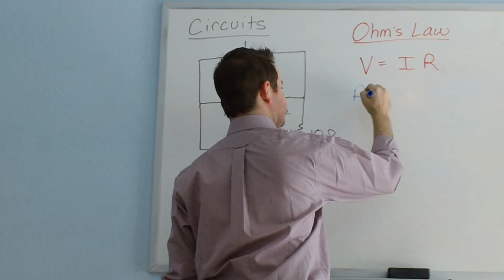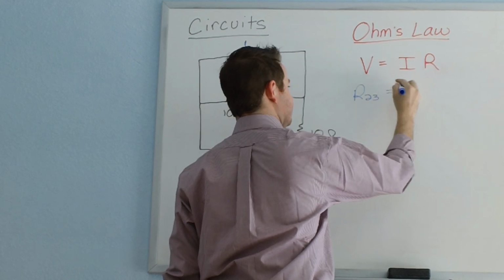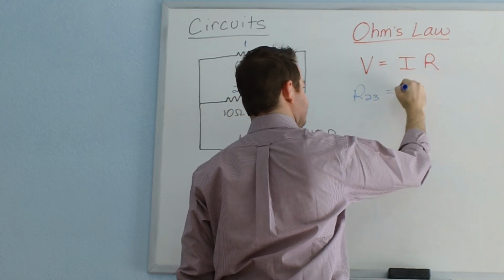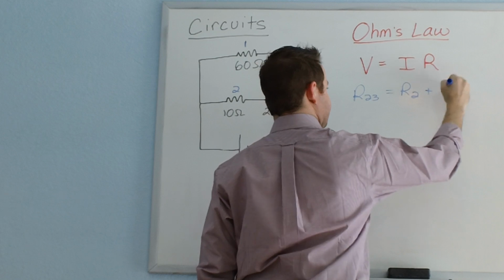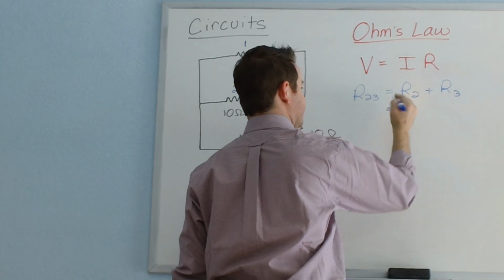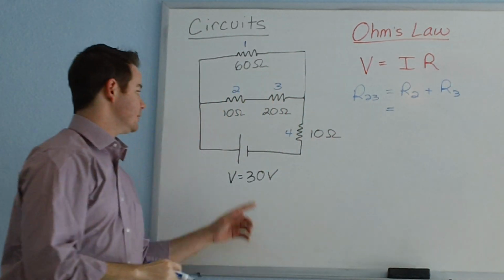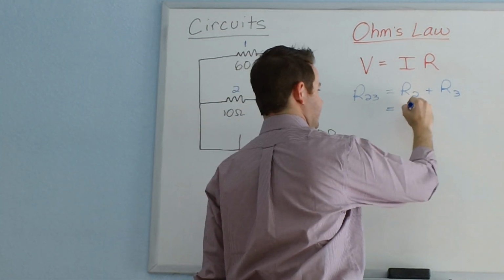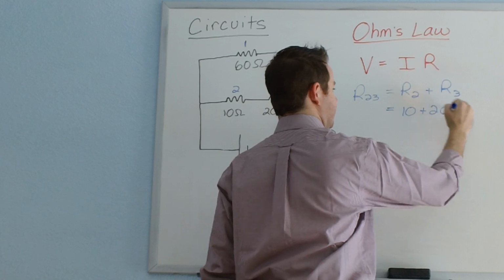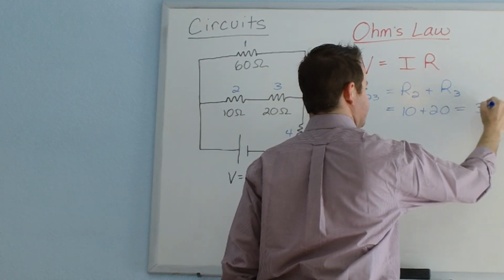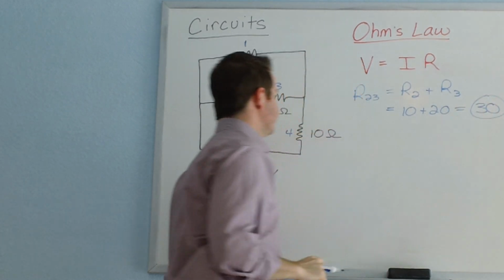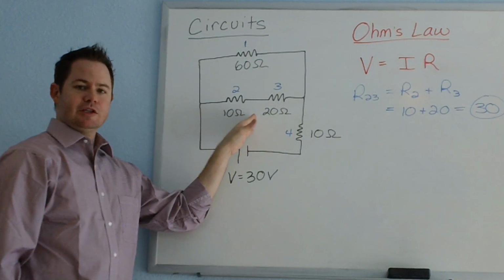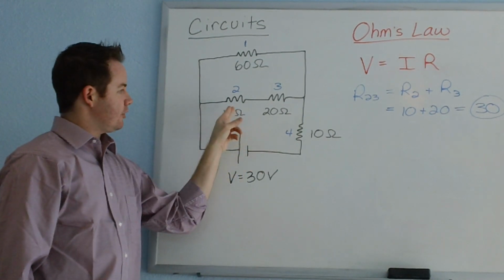So the resistance of resistors 2 and 3 will equal the resistance of resistor 2 plus that of resistor 3, which for this problem is going to be 10 ohms and 20 ohms added together for a total resistance for those two of 30.